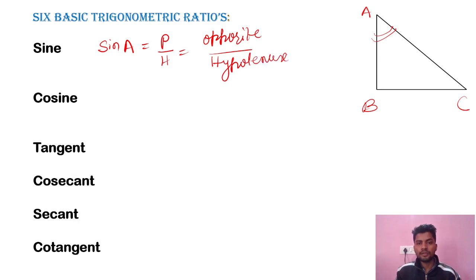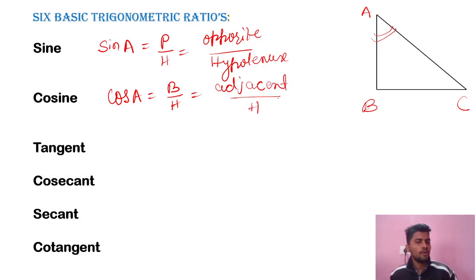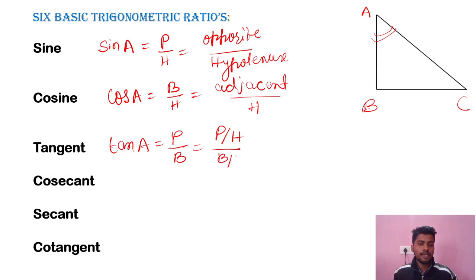Next, cos of angle A is B upon H, that is adjacent upon hypotenuse. Next, tan of angle A is P upon B, that is opposite by adjacent. If we divide by H, we get P by H upon B by H, and P by H is sine of angle A, B by H is cos of angle A. So tan A can also be defined as sine A by cos A.